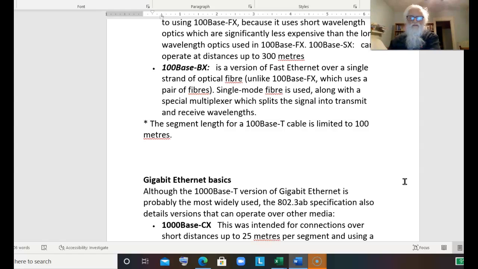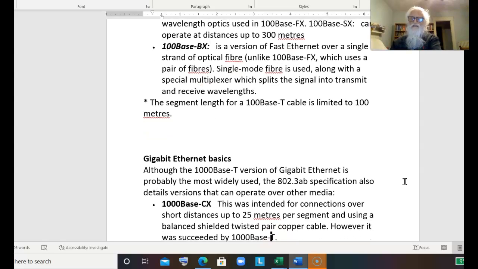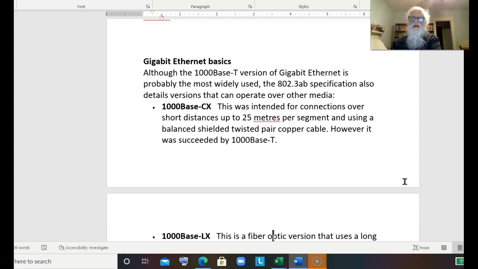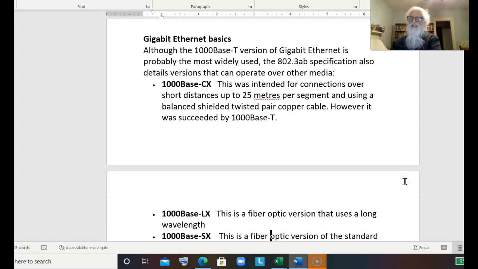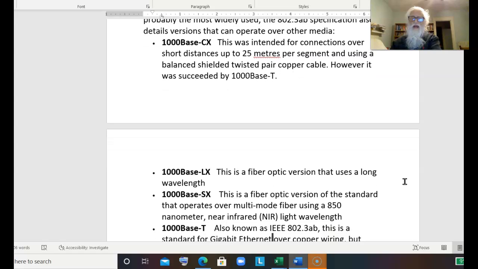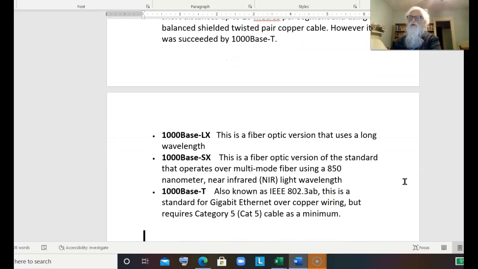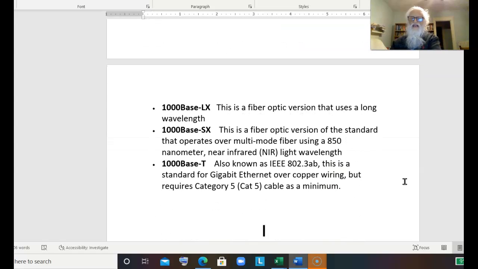Now, we're getting higher. We're going into gigabit Ethernet. And this is 802.3ab. And you see some of the things that it talks about and the different sizes there. In the 802 world, they started with the 802.1 and the 802.2 and so on.